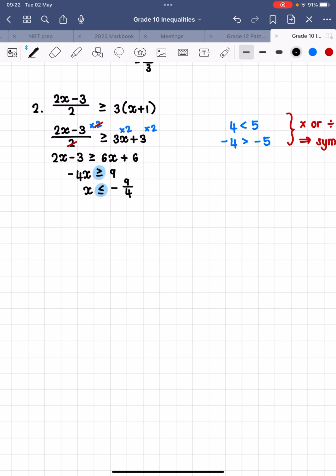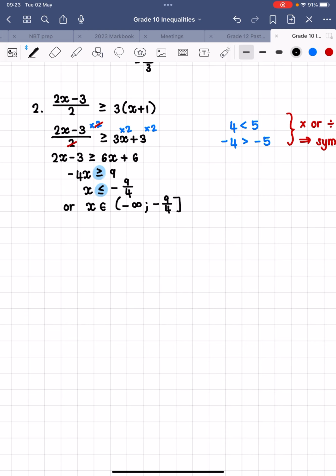Okay, let's quickly write it in the other notations as well. So x is smaller than or equal to -9/4. So we would have to say, x is an element of. Now guys, if it has to be smaller than -9/4, is -9/4 still the smallest number? No, it's now going to be the biggest number, hey? So now we're going to have to say from -infinity to -9/4.